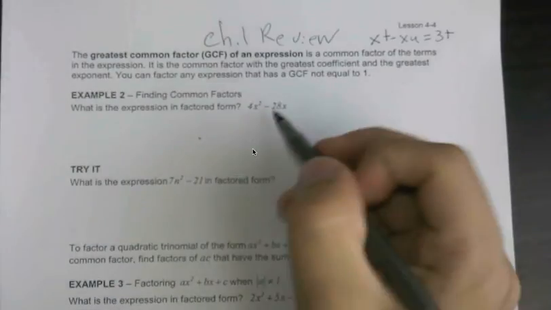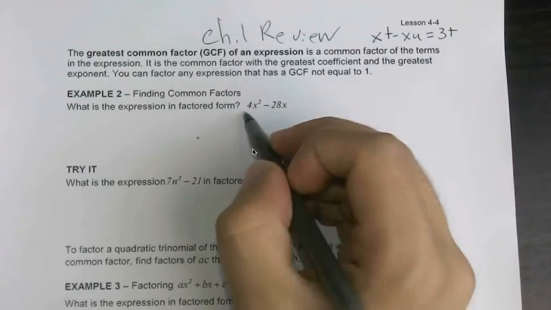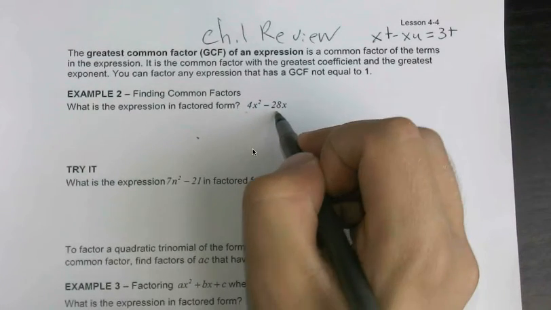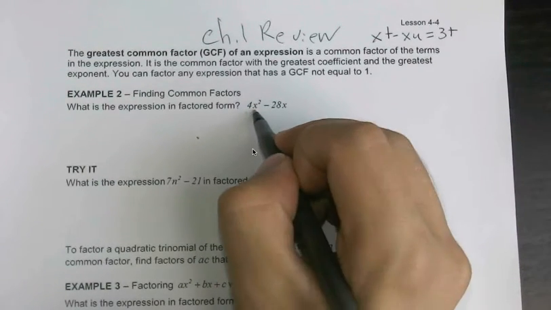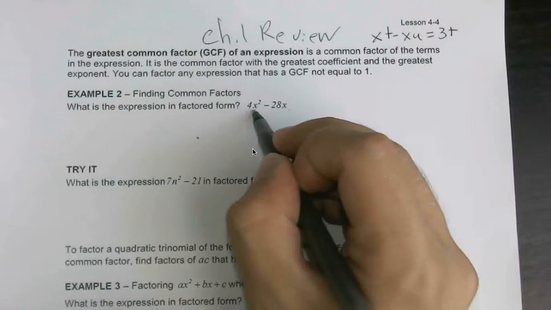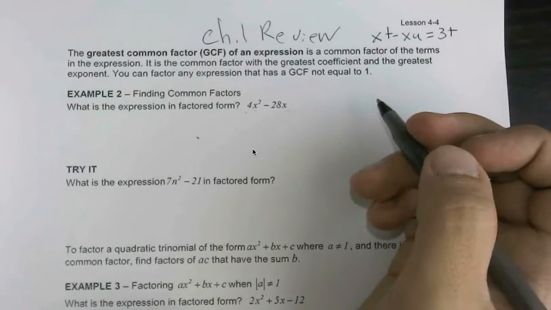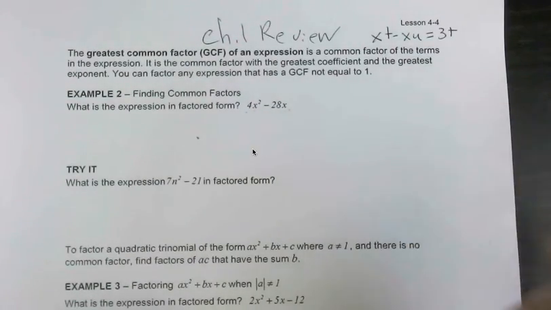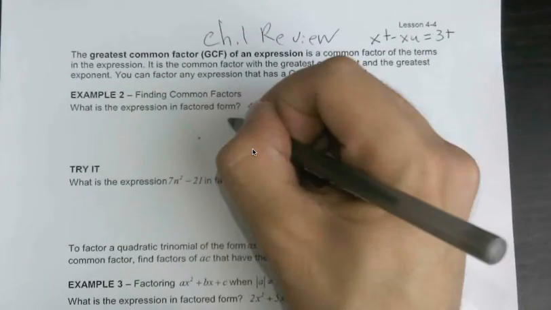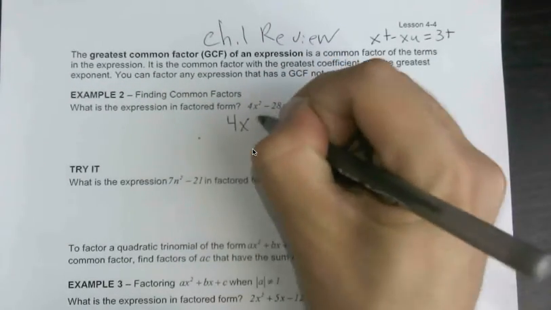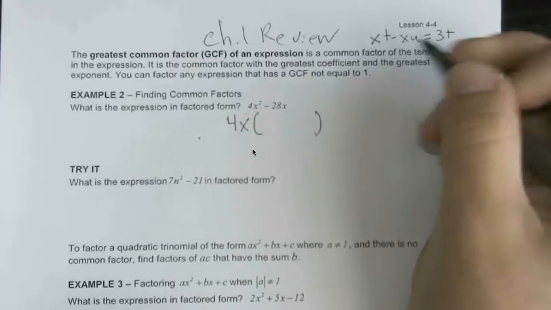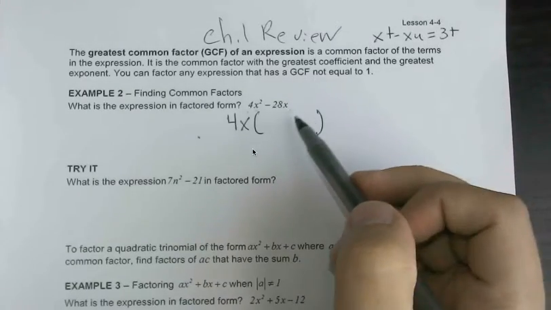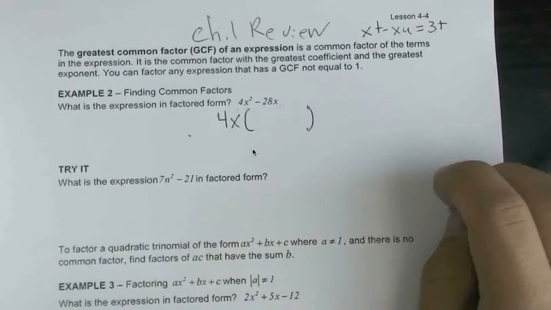So what do these two terms have in common? Does 4 share a common factor with 28? Do the variables have anything in common that we can factor out? Hopefully you're saying that we can take 4x out. And if we take 4x out, what's going to be left over in our binomial?